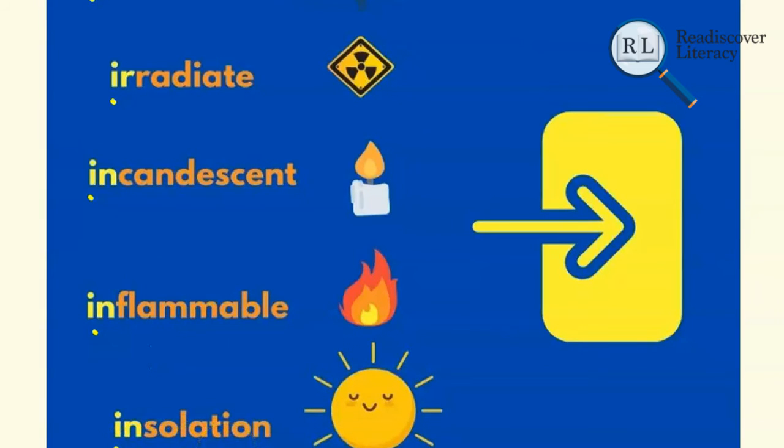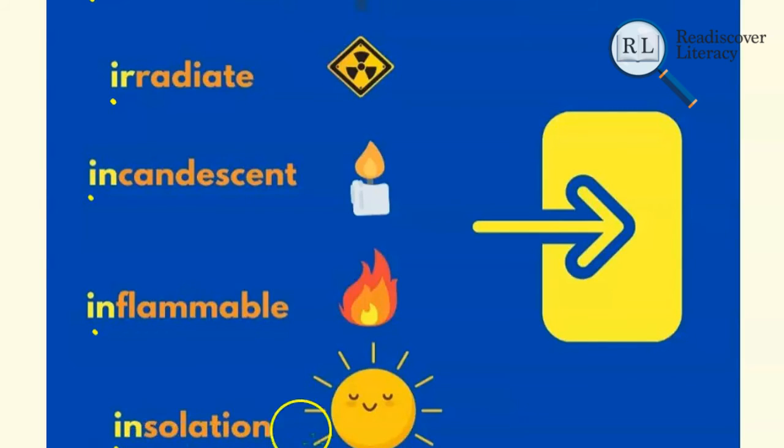Insolation, which is the radiation that hits the earth from the sun. So when the sun irradiates this radiation and it arrives on earth, we call that insolation because it's the radiation that comes from the sun.